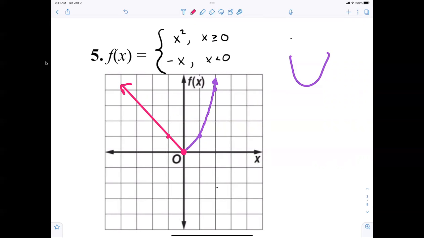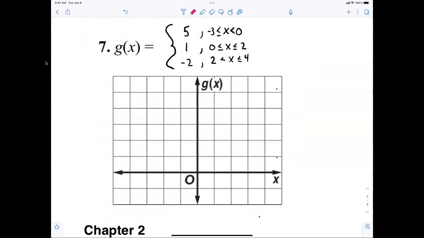Anybody have any issues? Why don't you have to plug in the -4? We could if we wanted to. You could do -4. But I just make you plot what? 2 points and draw. Okay.